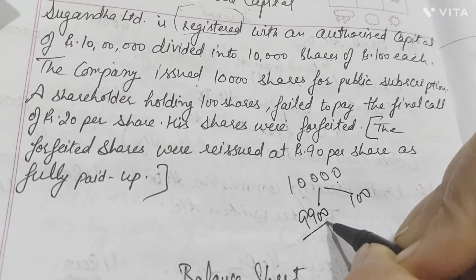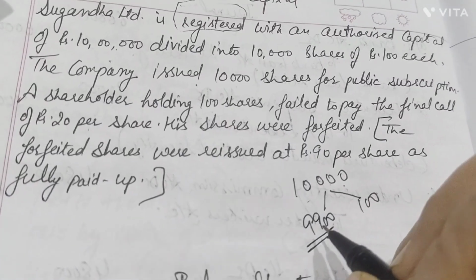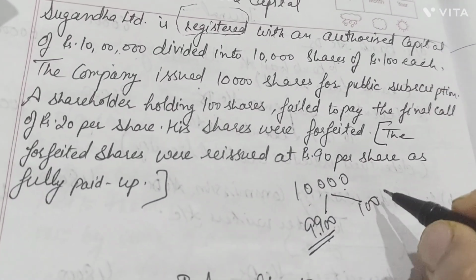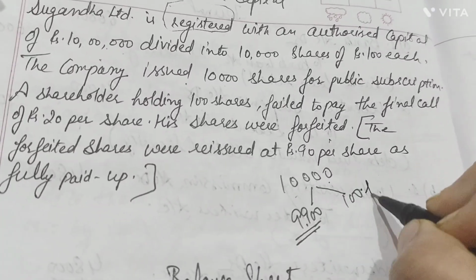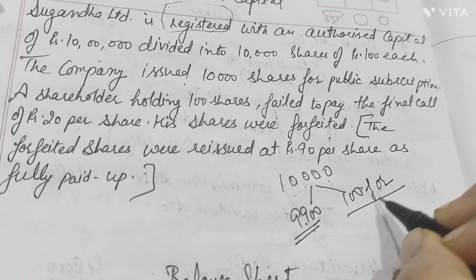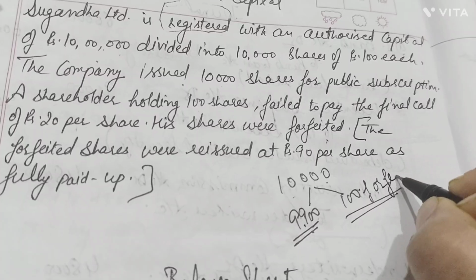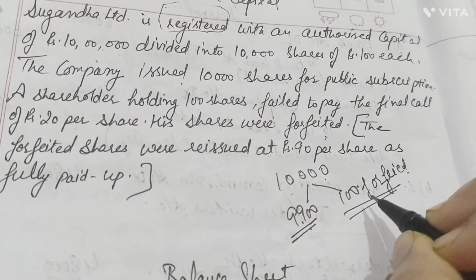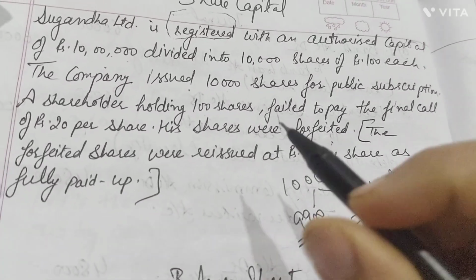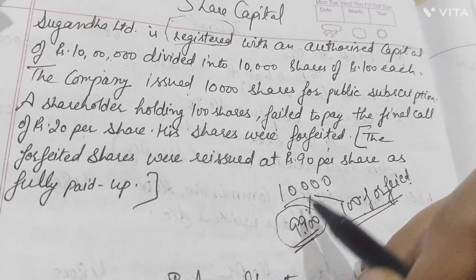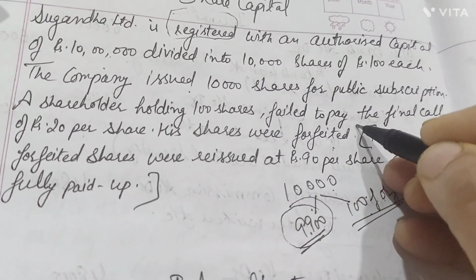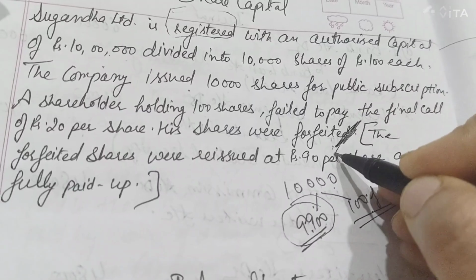So in this question, out of these 10,000 shares, 100 shares were forfeited. Then how many shares were fully subscribed? That was 9,900. And since these 100 shares were kept as forfeited, this forfeited amount of 100 shares would be shown separately from these 9,900 shares. We are discussing firstly till this particular point.